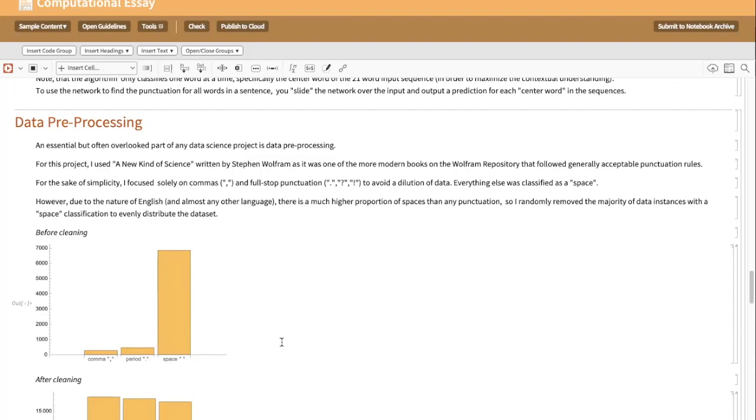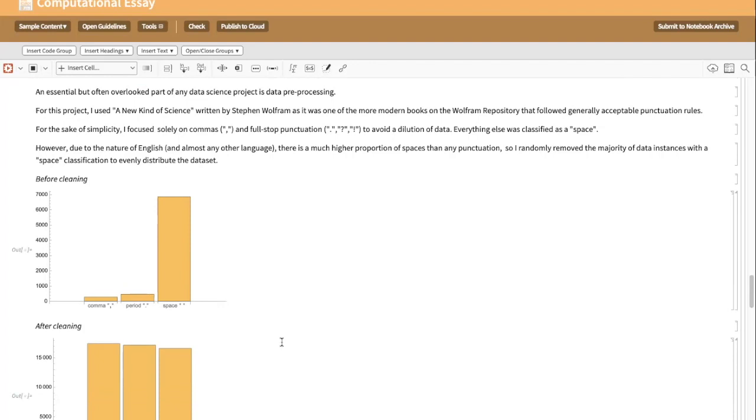But in retrospect, I probably should have spent the time to explore alternatives to this text, since this book featured extensive segments of mathematical equations in code, which isn't precisely standard punctuation that most people use in their day-to-day lives. And of course, to avoid dilution of the data and for the sake of simplicity, I focused solely on commas and full stop punctuations, like question marks, periods, semicolons, and exclamation marks.